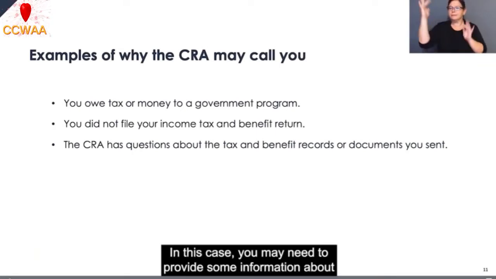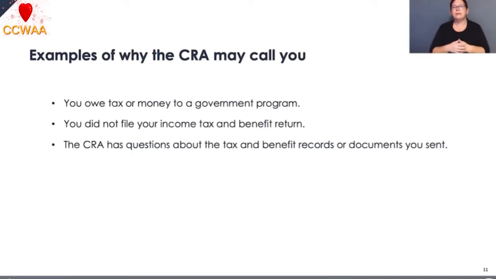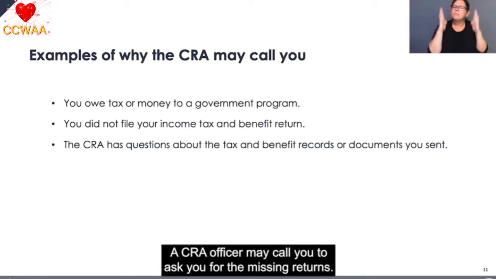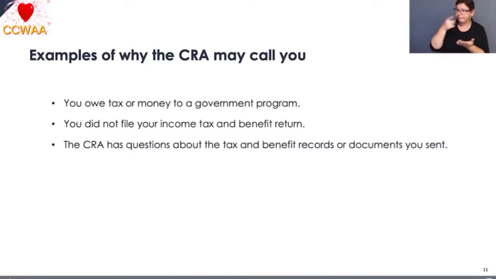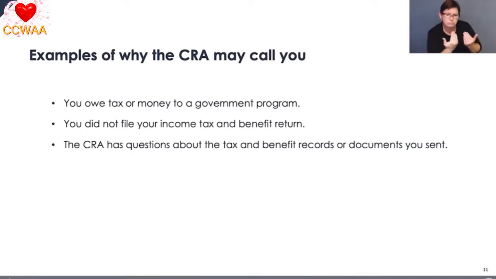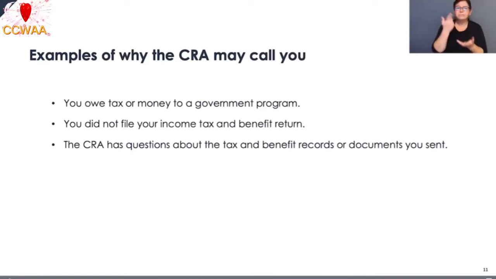In this case, you may need to provide some information about your household financial situation. You did not file your income tax and benefit return. A CRA officer may call you to ask you for the missing returns. You sent records or documents to the CRA and we have questions. A CRA officer may call you for more information.